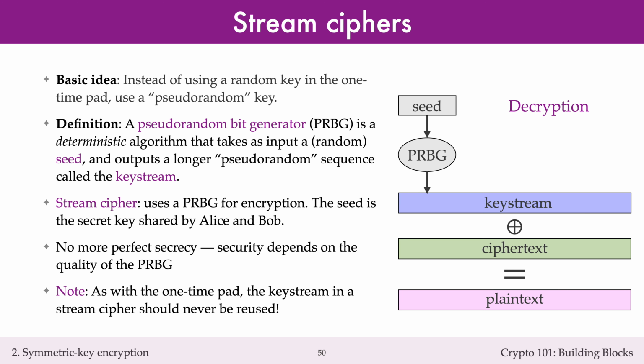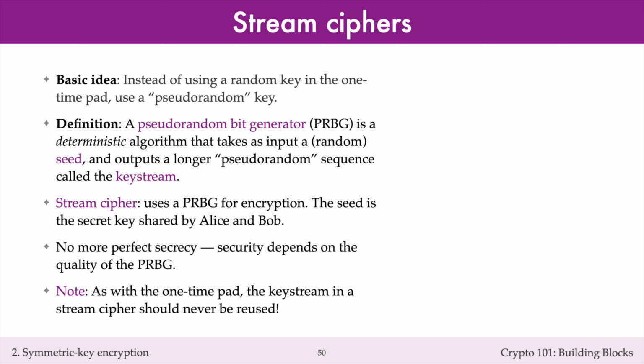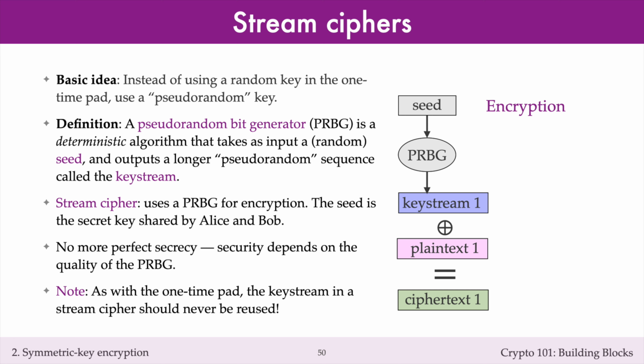I should mention that one difficulty with using stream ciphers in practice is that we still have the requirement, as we did with the one-time pad, that keystream should never be reused. Suppose that Alice wishes to send Bob a message. She uses a secret seed that she shares with Bob to generate keystream of the required length and adds it to the plaintext to get ciphertext. When Alice wishes to send Bob a second plaintext, she can't reuse this keystream.